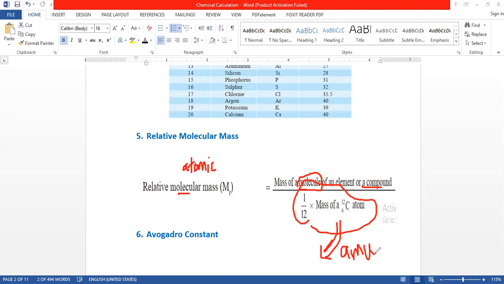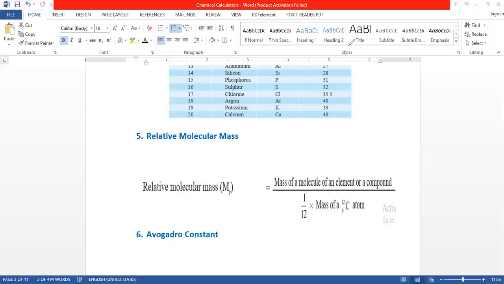So these are the small theories. Even if you don't know these theories, you can do the questions.